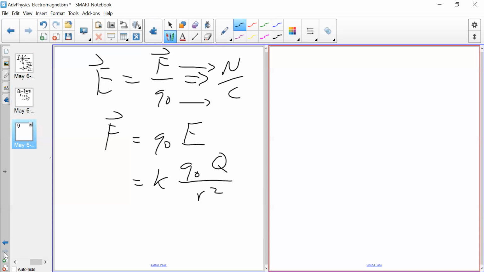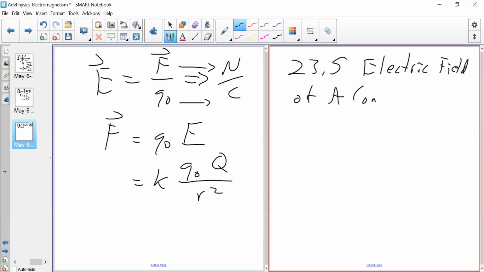So, 23.5. Electric field of a continuous charge distribution. Basically, the electric field from an extended object, which is the sum of many point charges.